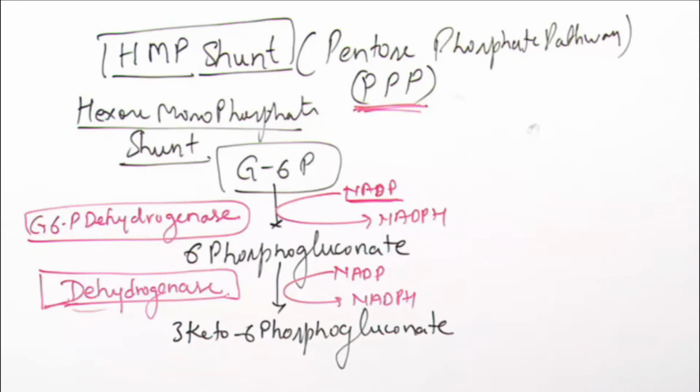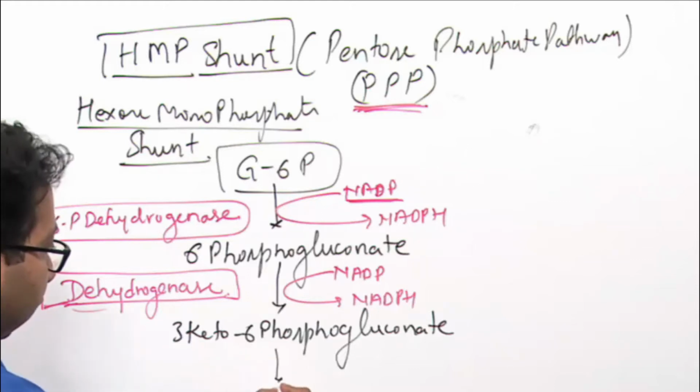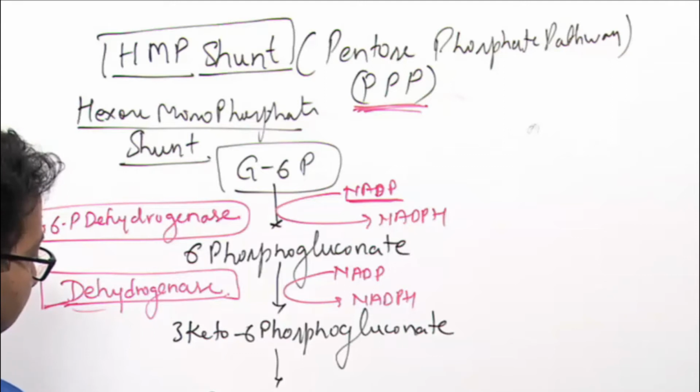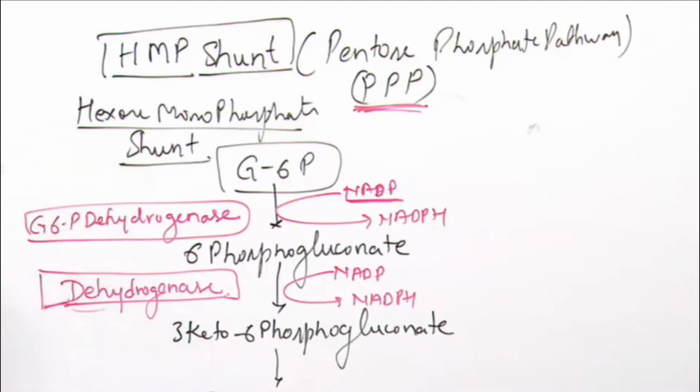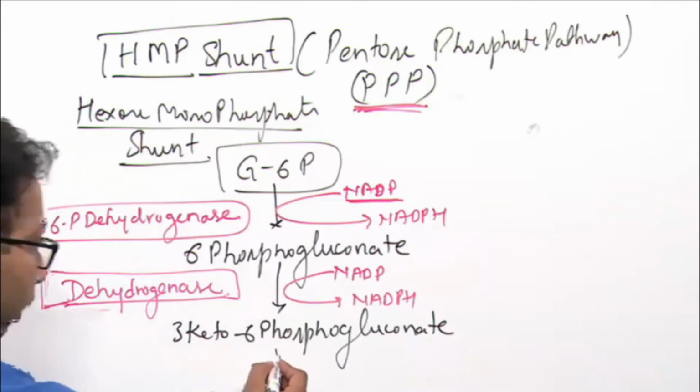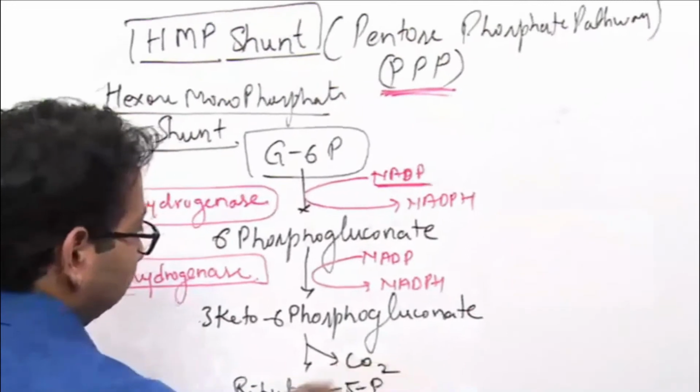Now this is converted to ribulose 5-phosphate, and 1 CO2 is removed.